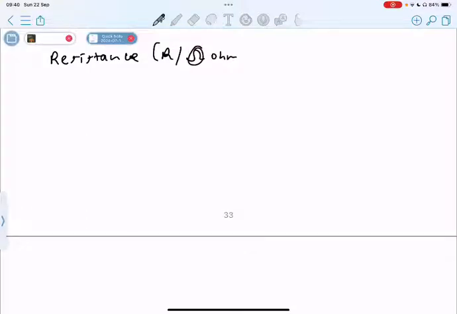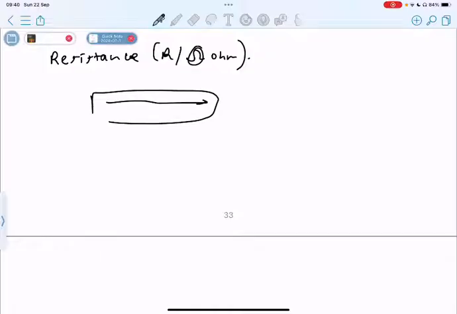That's the symbol for ohms. Resistance is a measure of how difficult it is for charge carriers to pass through a component, okay? As charge carriers pass through a wire, resistance opposes that charge, pushes it back, and slows it down.